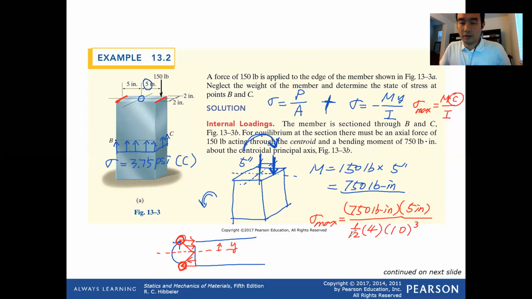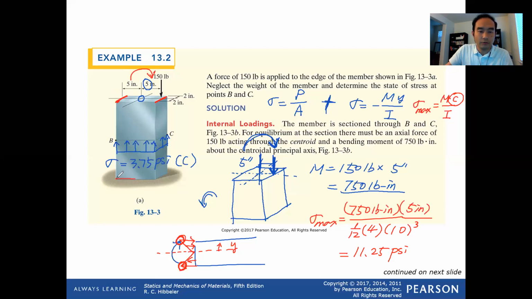When I do the calculation, sigma max at either the top or the bottom, in this case the top is going to be the tensile stress and the bottom is going to be the compressive stress. Anyway, the magnitude is going to be 11.25 psi.